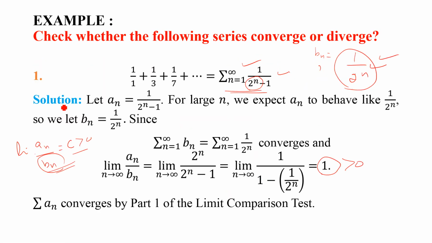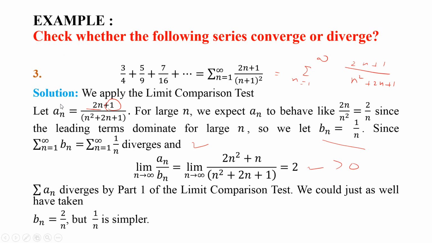We can conclude that this series is also divergent, because sigma bn, which is 1 over n or 2 over n, whatever you can say, is divergent, therefore sigma an is also divergent, and we used part 1 of the limit comparison test.